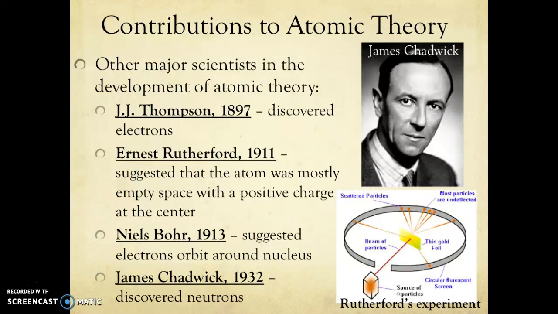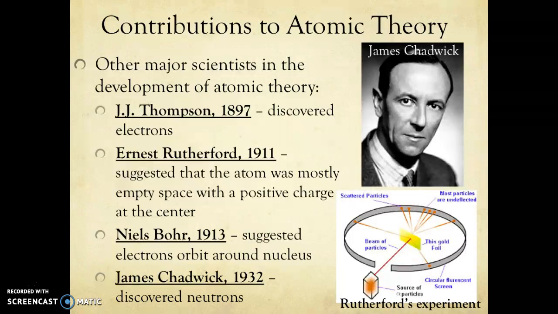So a few important people who contributed to atomic theory. Yes, write these names down. Probably a good idea to write down the dates or the years, because I have a feeling that might be on your quiz on Friday. So important people. J.J. Thomson in 1897 discovered electrons.